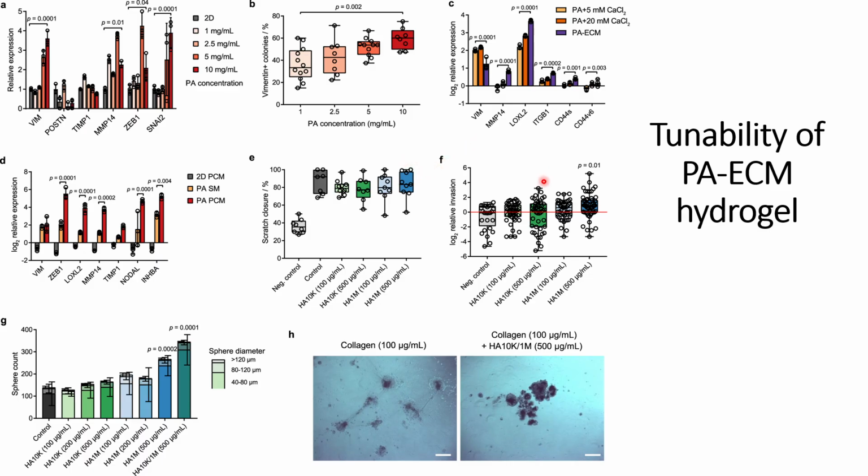When they did the same experiment on the 3D culture, with pancreatic cancer cells developed in PA-ECM hydrogels, they could see an increase in the invasion properties of the cells with increasing concentrations, indicating that in the 3D culture, the invasion properties are replicated as close to the in vivo observations, whereas in the 2D culture the invasion properties are not observed. They observed similar results for the sphere count.